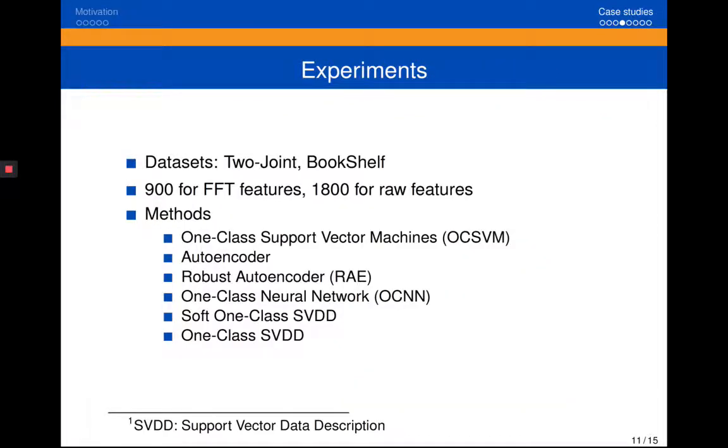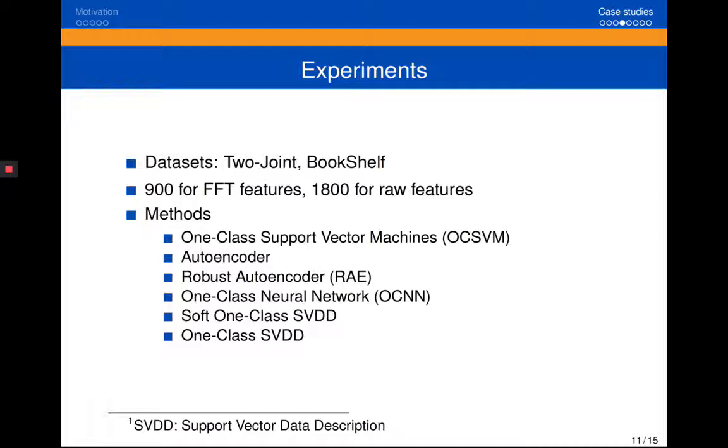For the experiments, we consider the two joints on the Sydney Harbour Bridge and the bookshelf. The experiments related to the bookshelf were presented in section 2 when we were discussing the autoencoders. The features which are extracted could be directly used as raw features, or they could be transformed by applying the FFT, the fast Fourier transform, in which case the dimension is just half of the raw features.